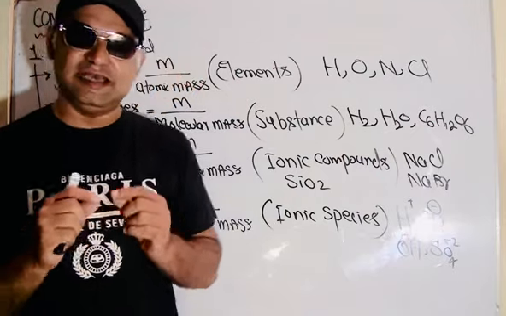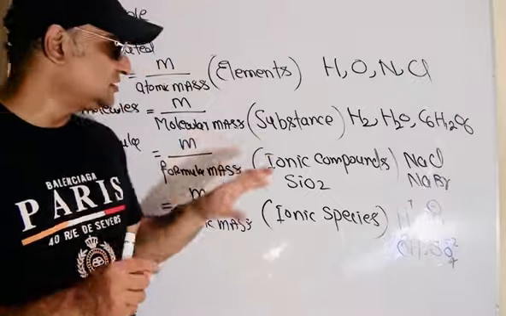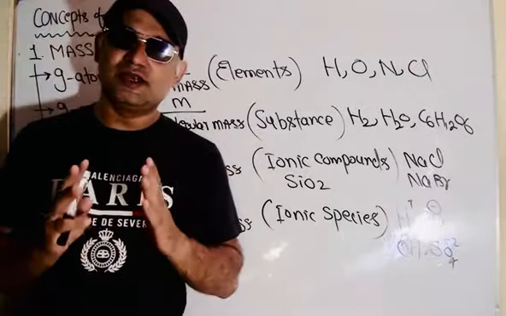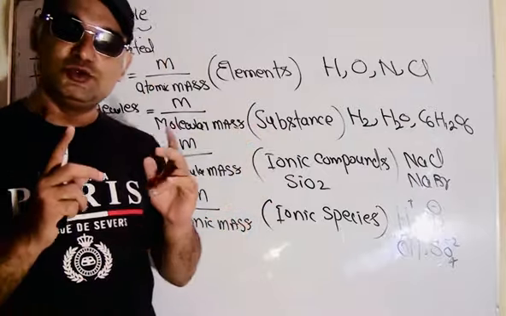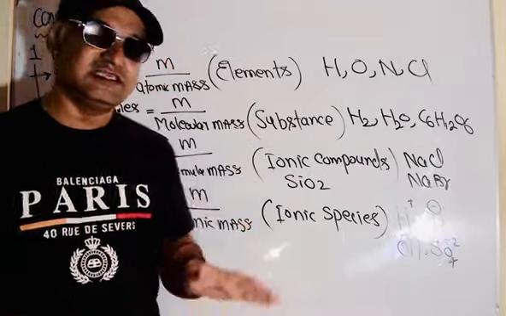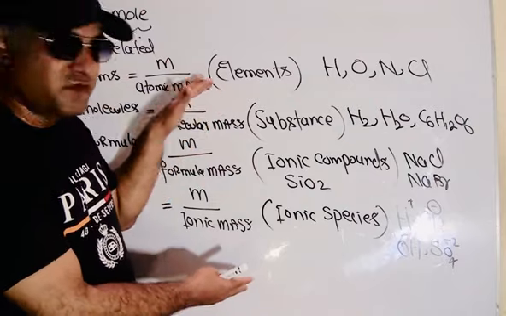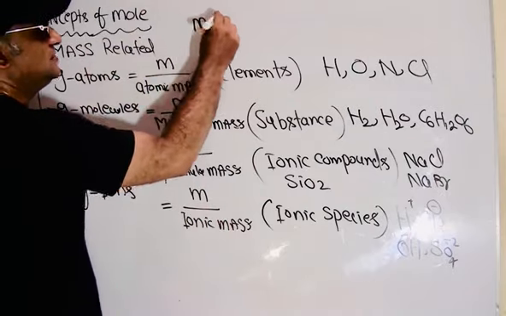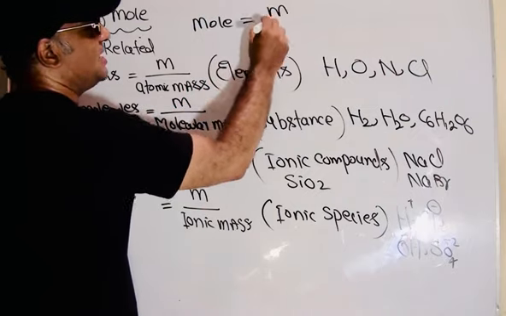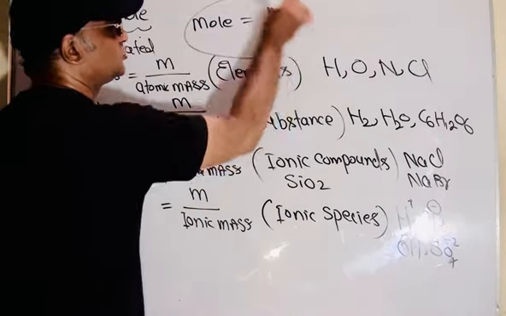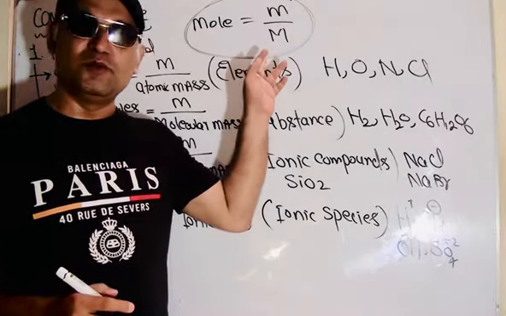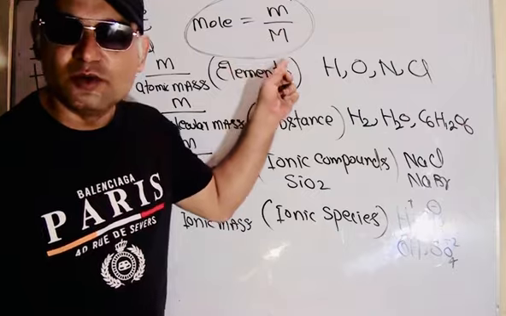So you always keep in mind this formula, because this is a sum of all these four formulas. You don't need to remember these four formulas. You need to remember just one formula, which is the sum of these four formulas, and that is mole is equal to given mass over molar mass.